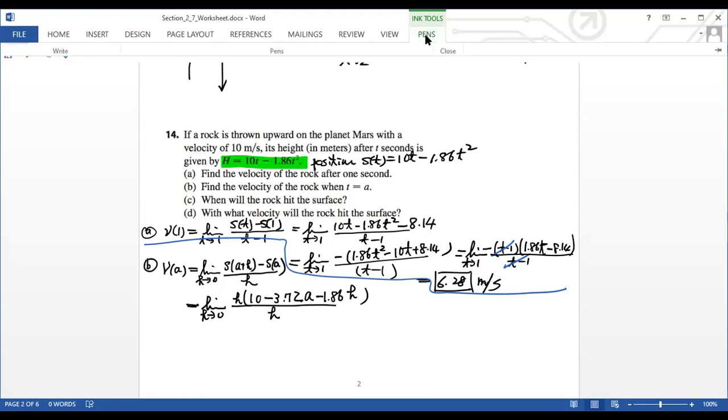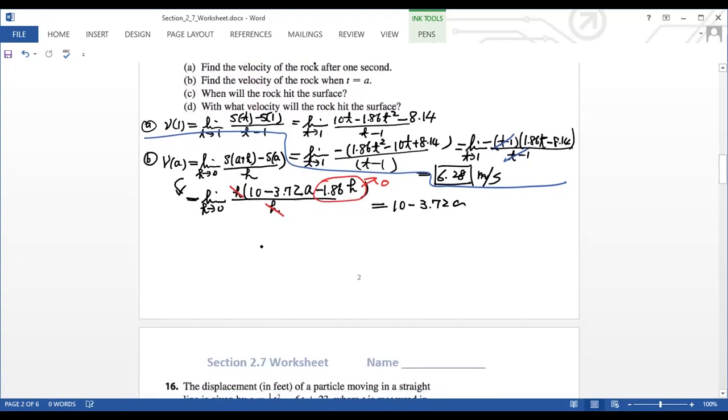And now you take the h, so this cancels out. When h equals 0, this number approaches 0. So your final answer here will be 10 minus 3.72a. Like I said, from here to here is just the algebra steps. You plug the numbers into your functions, all right?